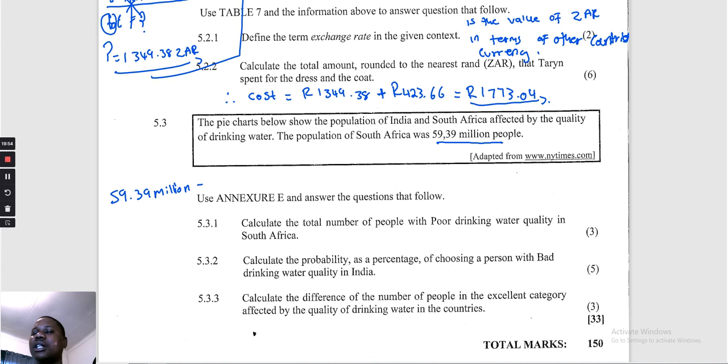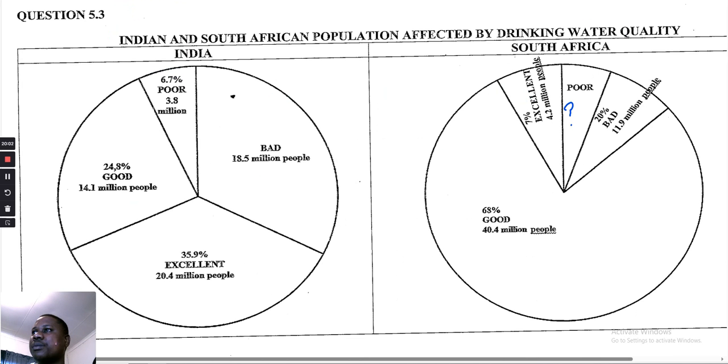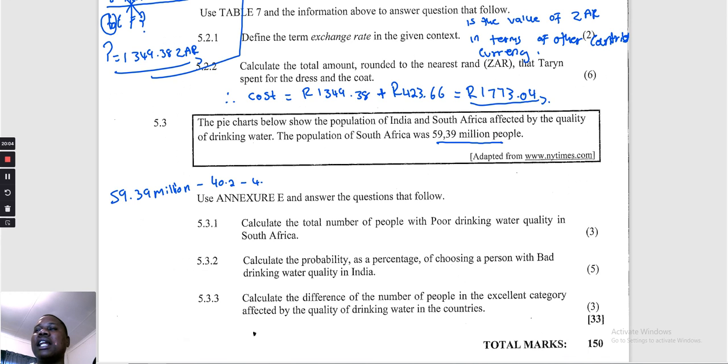Okay, let me do this one. 40.4 minus 4.2 million and 11.9. So how many people? 59.39 minus 40.4 minus 4.2 minus 11.9.